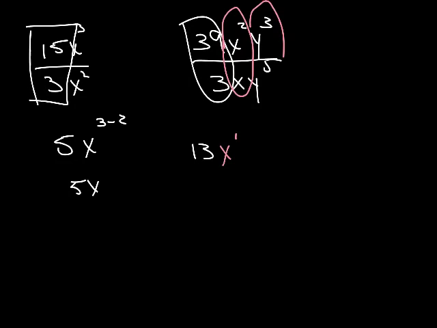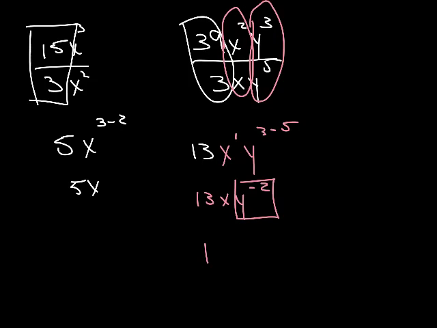And then y cubed over y to the fifth would be y to the 3 minus 5. So we have 13x, y, 3 minus 5 is negative 2, which means this is in the wrong place. And we usually want to have our exponents positive, so we're going to put that y in the right place, which is in the denominator position, and we get an answer like that.